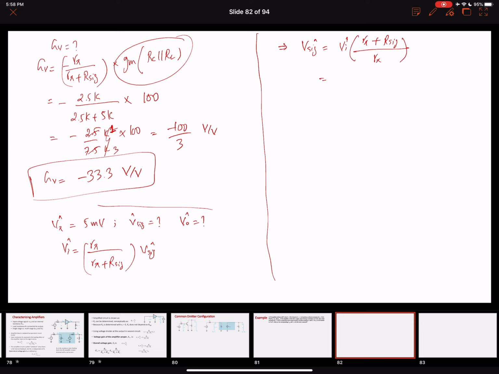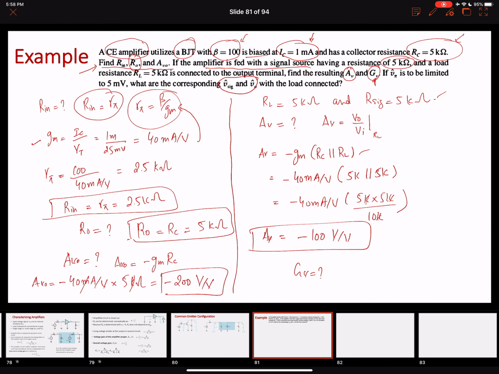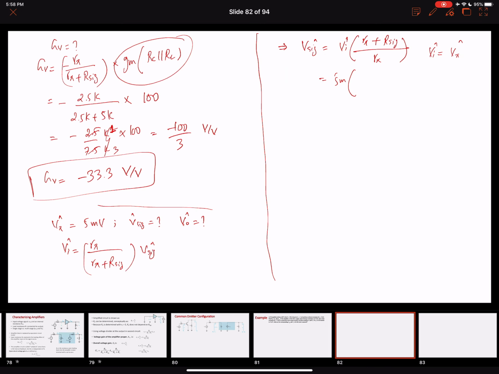So our input voltage Vi is 5 millivolts. Vi is V pi again. So it is 5 millivolts into, R pi we have seen is 2.5 kilo ohms, and R signal is 5K. So we get 2.5K plus 5K divided by 2.5K.